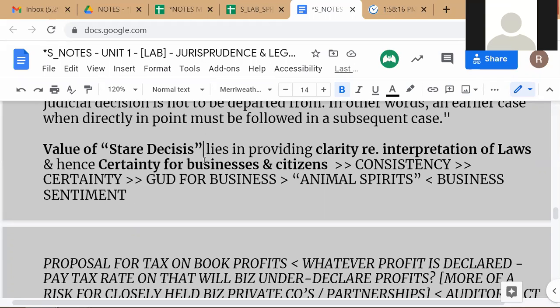So this is where the value of the evolution of English law lies, and it's also related to the idea that the English courts are very business friendly and very professional. So everybody wants to have their disputes adjudicated under English law.